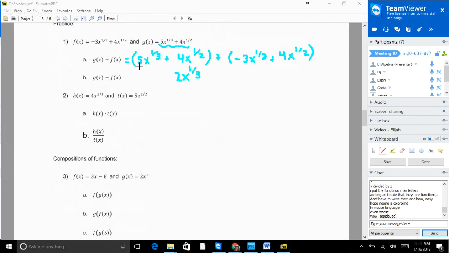I know you guys have done this in Algebra 1 and Algebra 2. You look for like terms. This has an x to the 1/3 and this has an x to the 1/3 power, so I can add these together, right? And then can I add x to the 1/2 and x to the 1/2 power? Yeah, I can. So I have 4x to the 1/2 power plus 4x to the 1/2 power, and I get 8x to the 1/2 power.